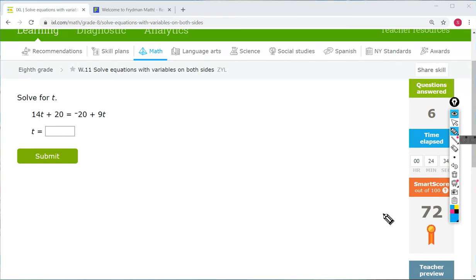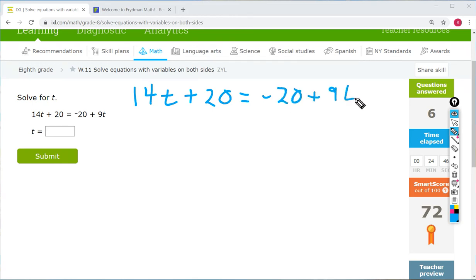I'll do it anyway just because I want to do a lot of examples because I know that this takes practice. Okay, so it really doesn't matter if we want to move these t's over here or these t's over here. I'm saying these because I have 9 of them over here and 14 of them over here.